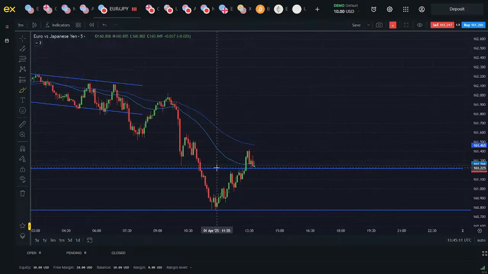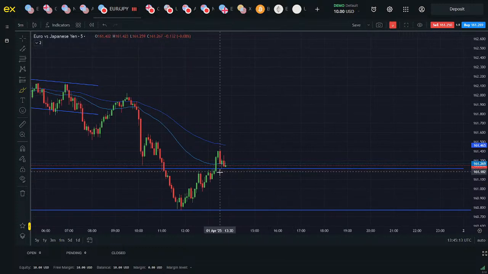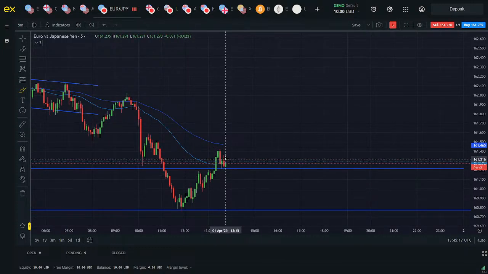Yeah, so actually after that particular candle which closed over here in the positive direction, a negative candle, and then another positive candle is going on. Let's see if they close it down in the downward direction or not.